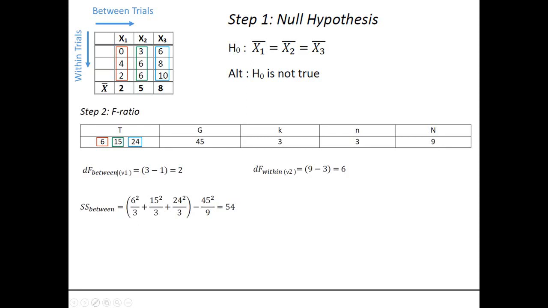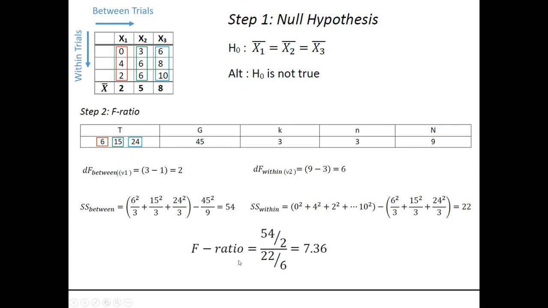Similarly, if I calculate the sum of squares between groups, it will be 54, and the sum of squares within groups would be 22. Using that, I can calculate my F ratio, which gives me 7.36.